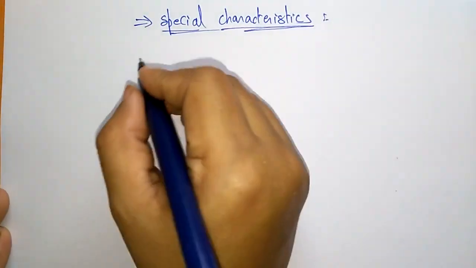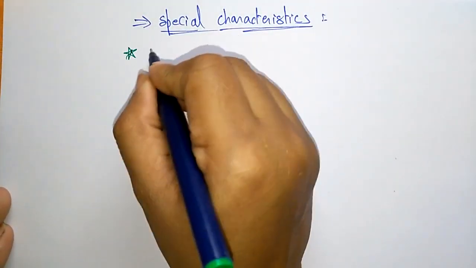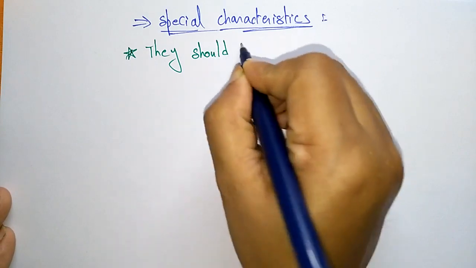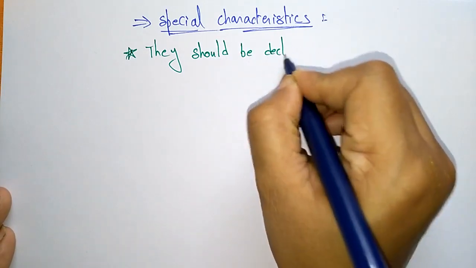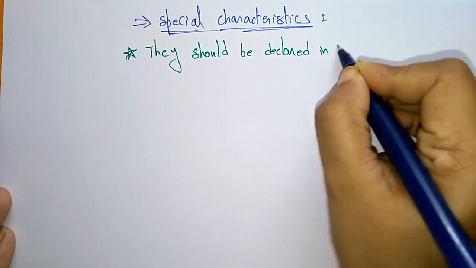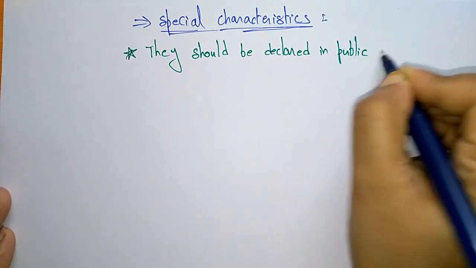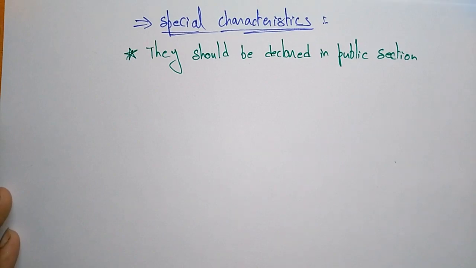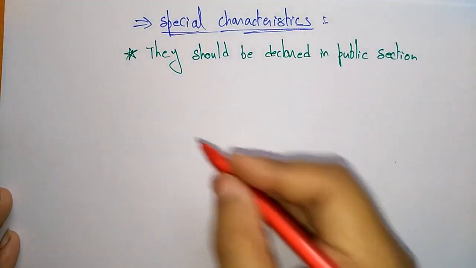The first one is they should be declared in the public section. If you want to declare the constructor, you have to note that it should be declared only in the public section.